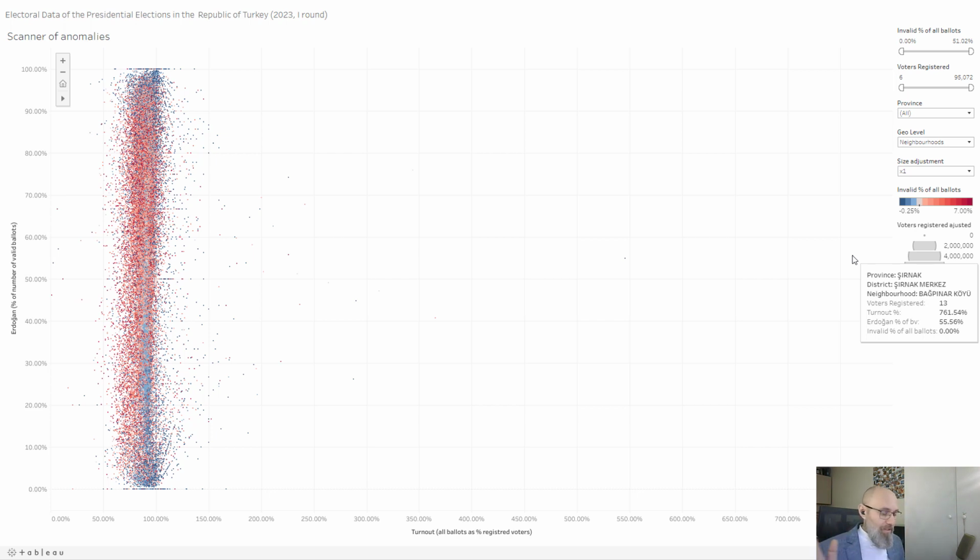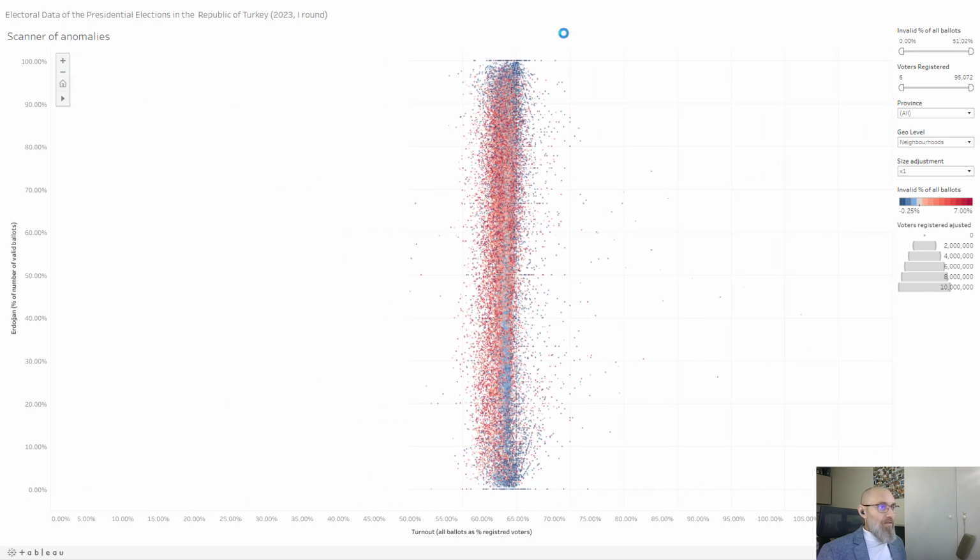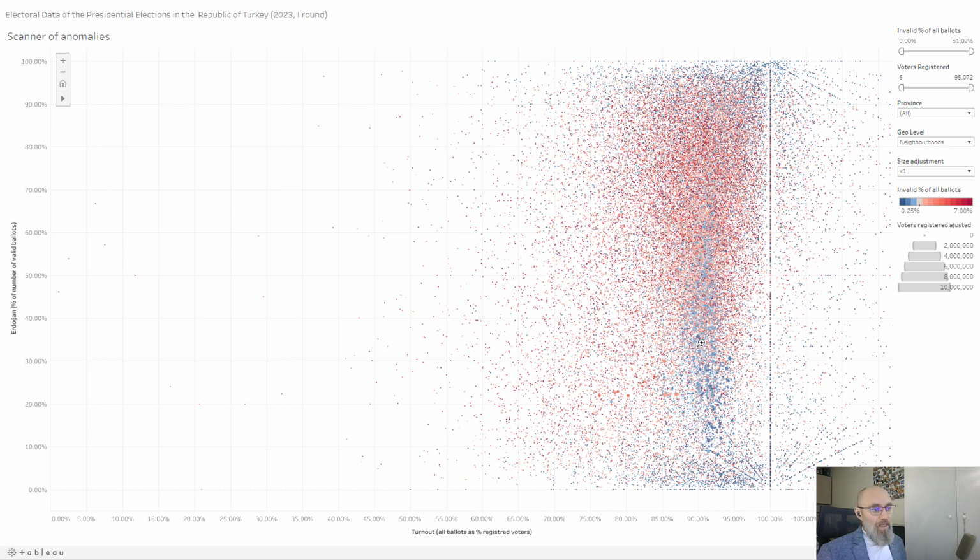I don't know why they did it and how they did it. Maybe some journalists or observers will try to understand what happened to those 13 people. But my point was that you always can use the zoom and go to the more or less normal polling stations from 0 to 100% of turnout. That's it. That's the whole Turkey.